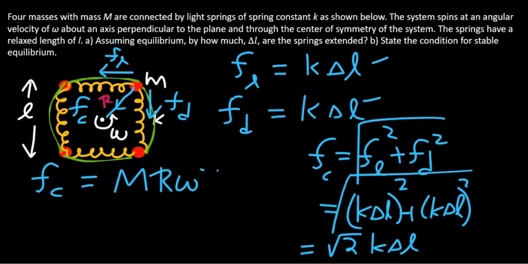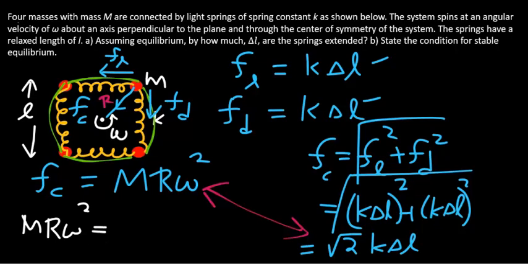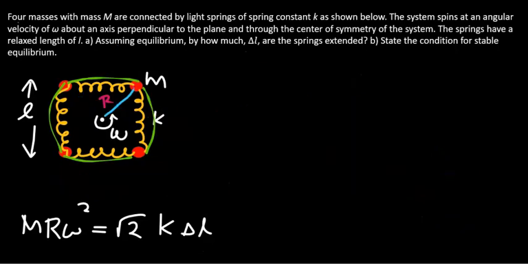So equating these two, we get the following. m r omega squared equals square root 2 K delta L. Remember, we are looking for an expression for delta L, the extension of the spring. The next step is to determine this radius of that circular trajectory in terms of, say, little l.